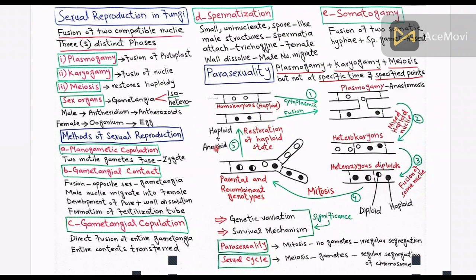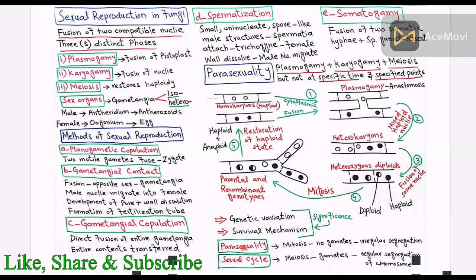Also, aneuploids act as an intermediate step before haploidization, ensuring the creation of genetic variants. These are the two important features of parasexuality: they provide genetic variation and also help the fungi to survive in a changing environment.